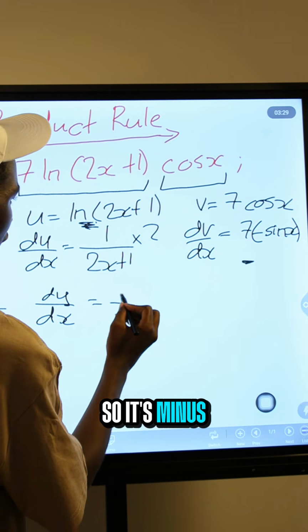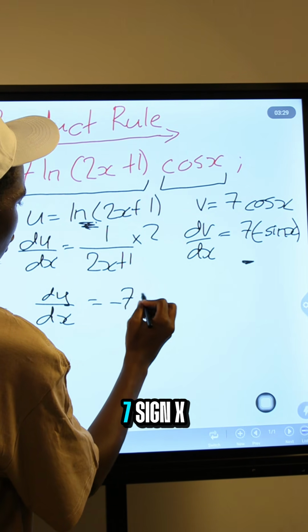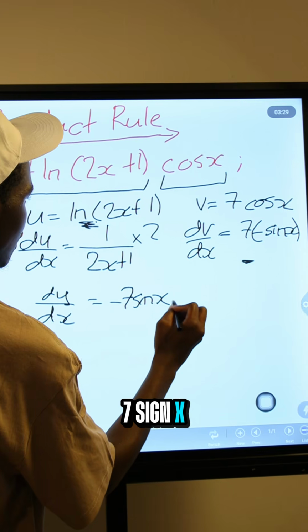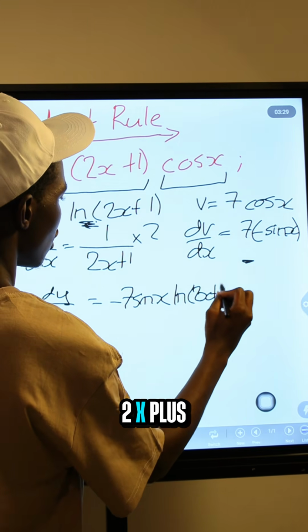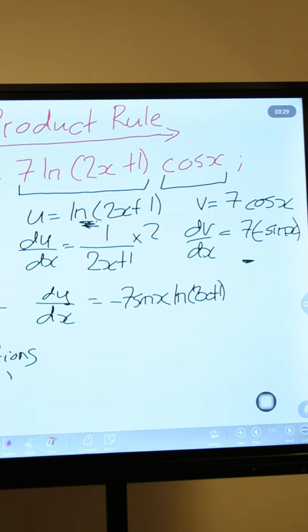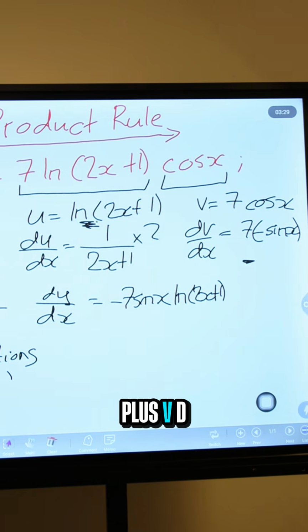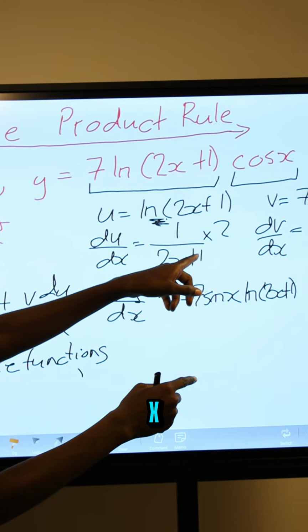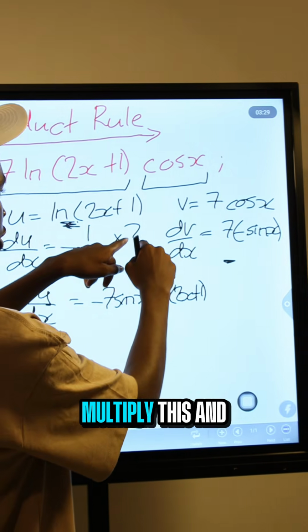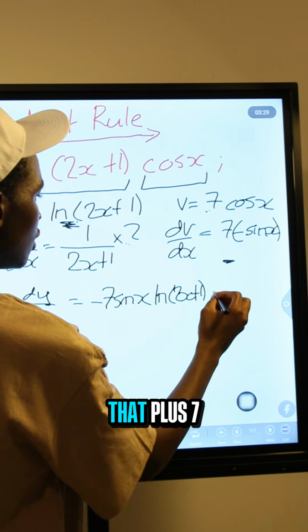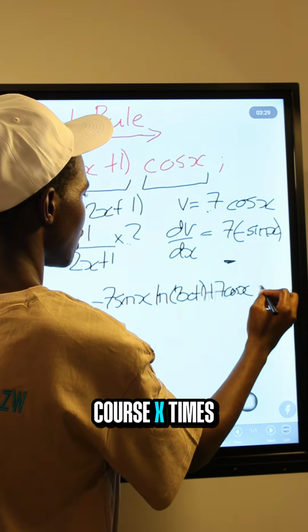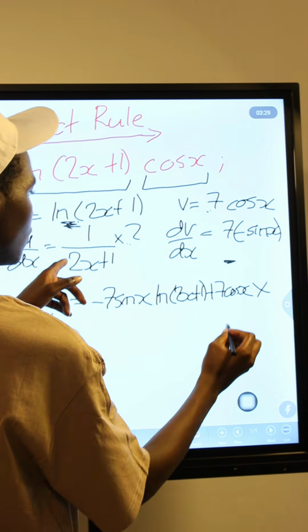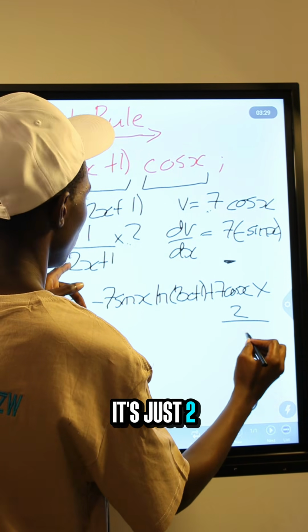So it's minus 7 sine x ln of 2x plus 1, plus v du over dx, which is, we multiply this and that, plus 7 cos x times, it's just 2 over 2x plus 1.